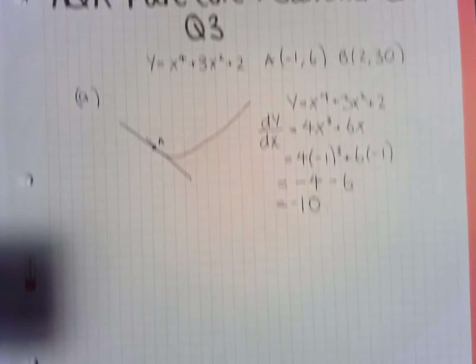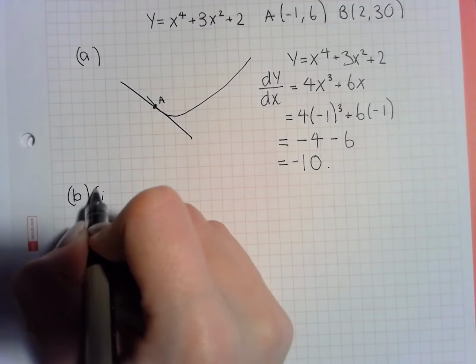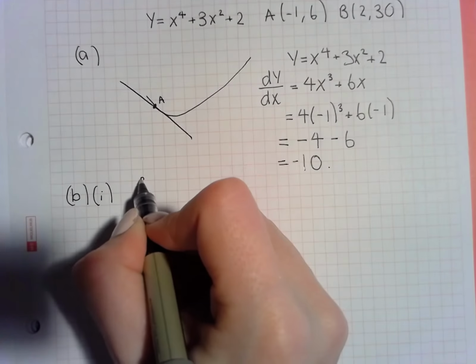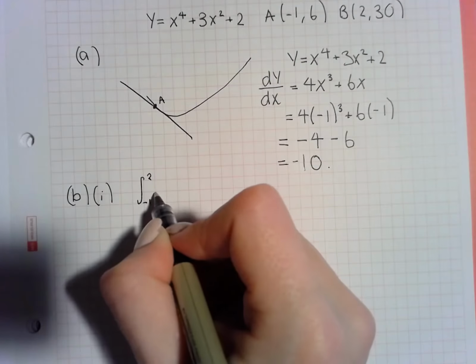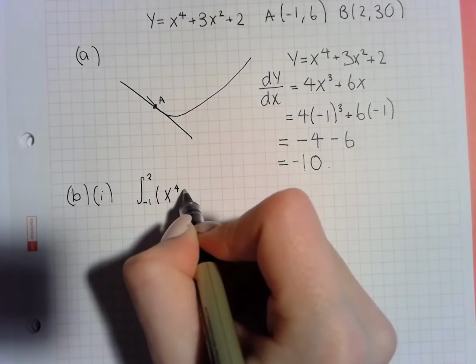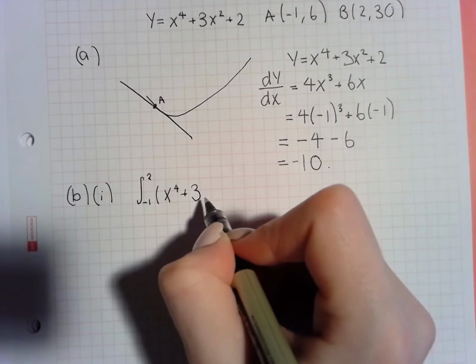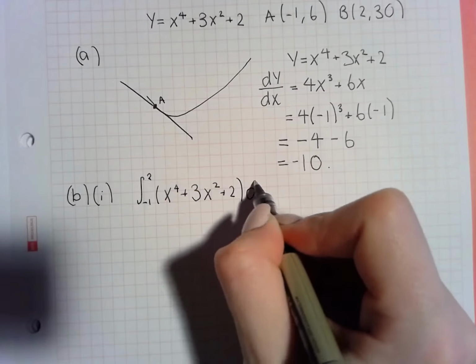Okay, so now, question B, part 1. The question is find the answer to this. As soon as you see this little squiggly sign, you know that you're going to have to integrate, generally speaking, certainly in core 1.